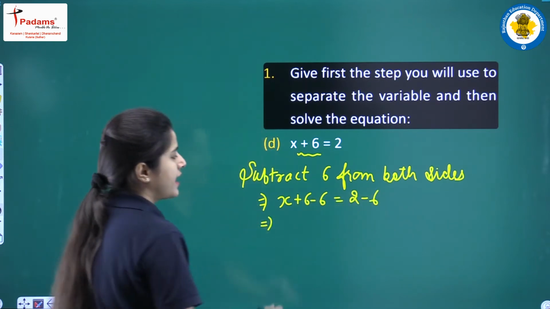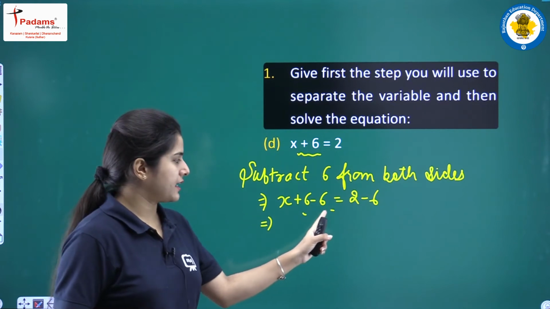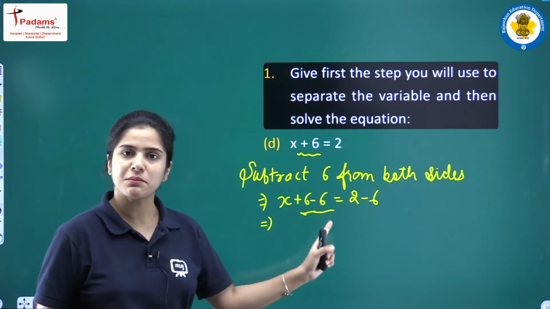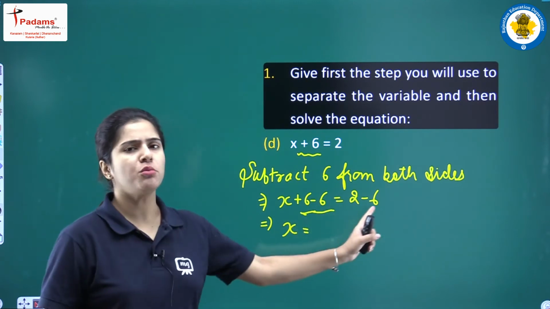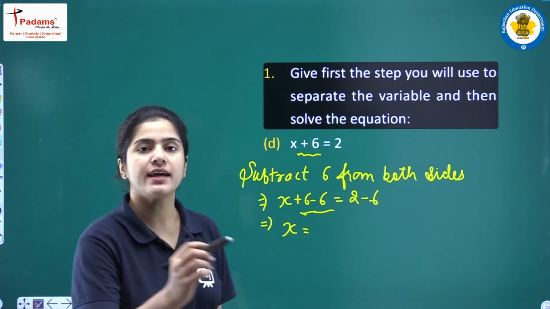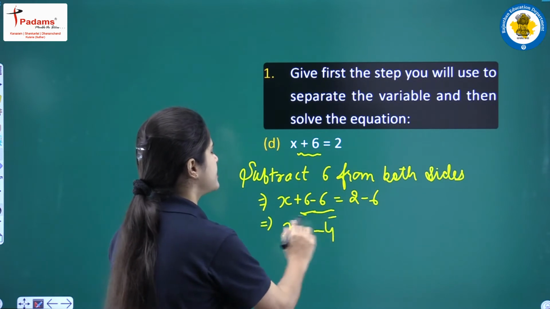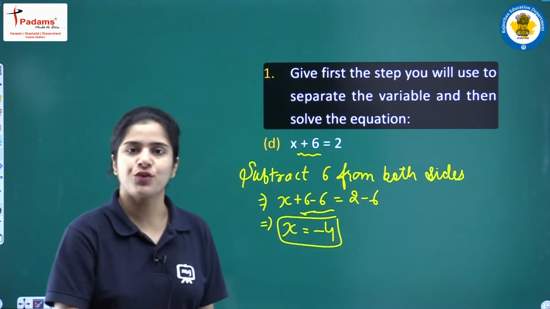Plus 6 and minus 6 is 0. So this is equal to x, and 2 minus 6 is equal to minus 4.